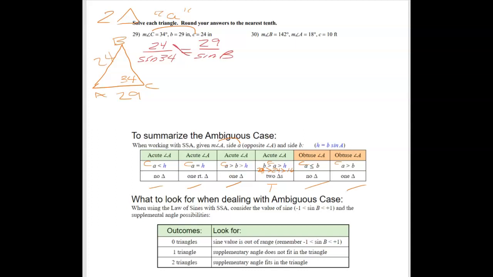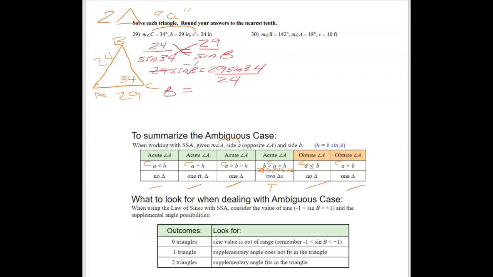So we'll cross multiply, and divide by 24 to get sine alone. Since we're looking for the angle, we're going to find the inverse of sine. So inverse sine, 29 sine of 34 divided by 24.